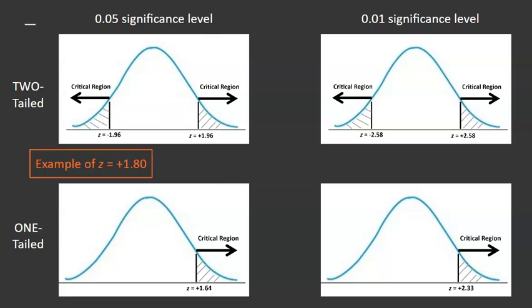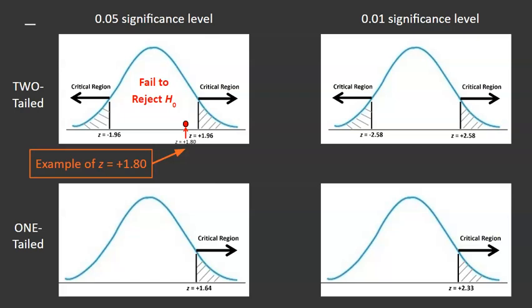The second example assumes that the sample in our study had a z of plus 1.80. When using a 0.05 two-tailed test, the sample z-score does not fall in the critical region, and we will fail to reject the null hypothesis. Our study is not statistically significant.